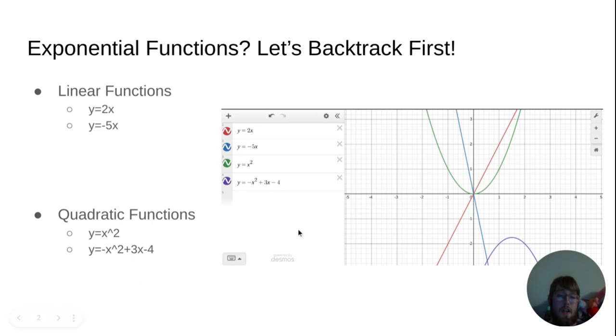Our y equals x squared is our green line focused at the origin, and our fourth one, y equals negative x squared plus 3x minus 4, is this purple one down in the corner. The reason that one's not focused at the origin compared to the other three lines is due to that 3x minus 4 that shifts the parabola down, and it's facing downward because it's negative.